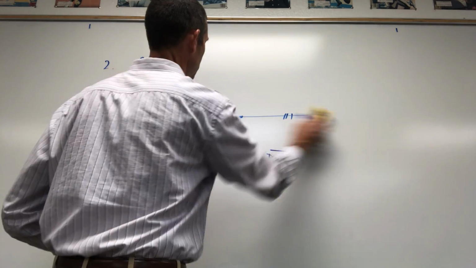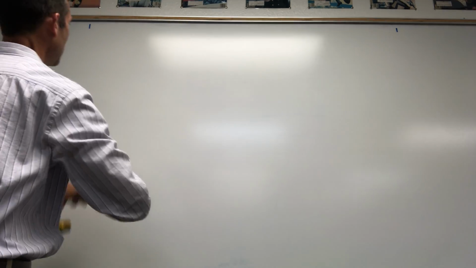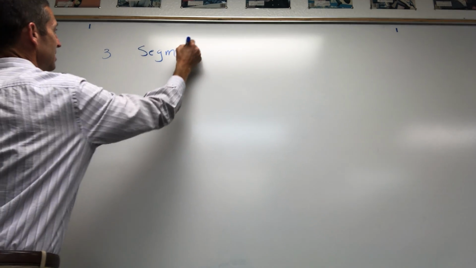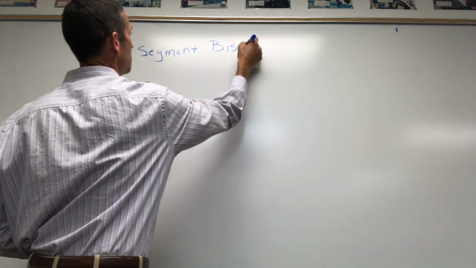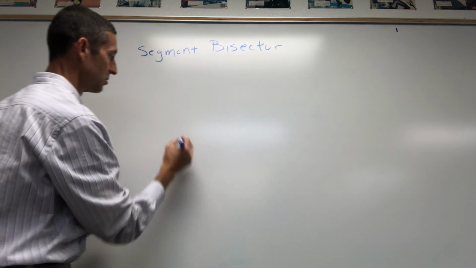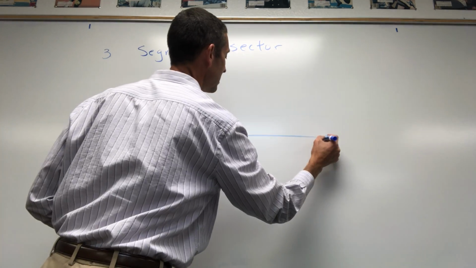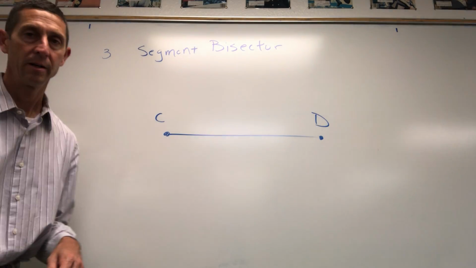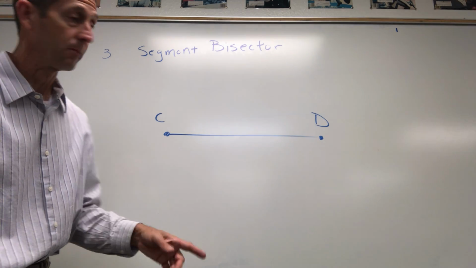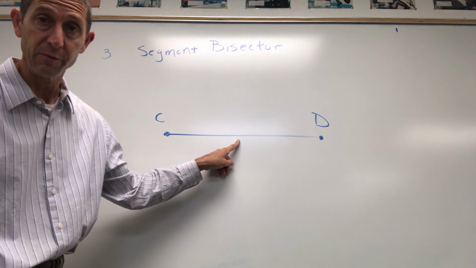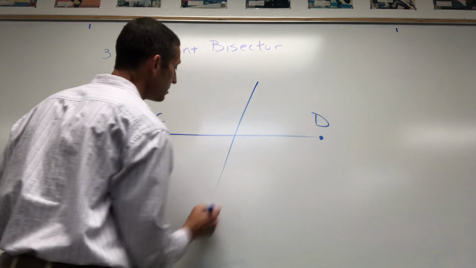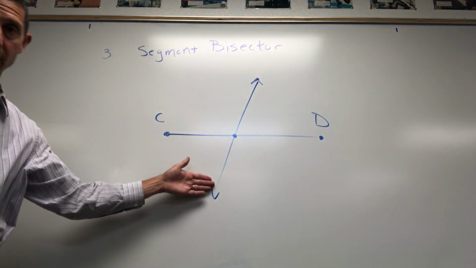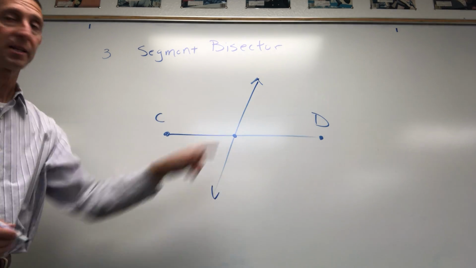The other thing that happens in our book is they run some segment bisectors. So we've still got our line segment. Let's say we've got C to D this time. But what they'll do on some of the problems, instead of just putting a point right in for the dead center, is intersect it with a line right here, and they'll call this line a bisector of the segment.